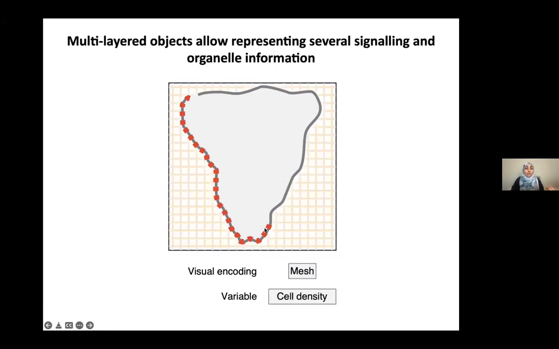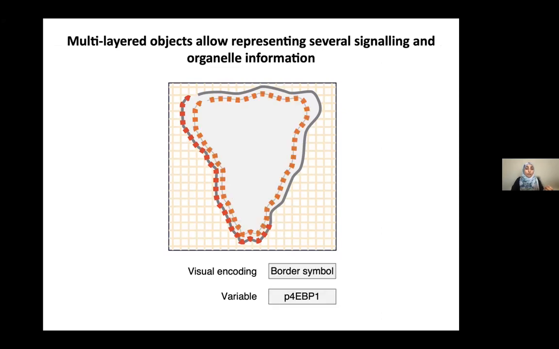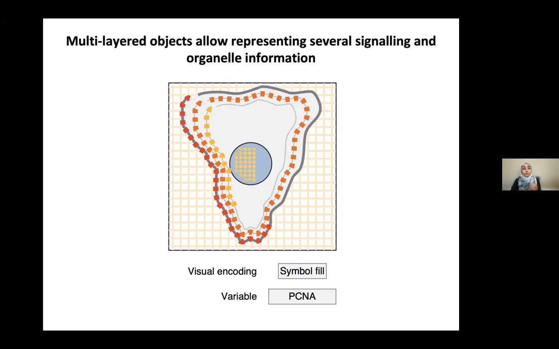To represent the context, I added a grid component, added another object to represent other signaling components at the periphery in the mTOR pathway, and then also represented the nuclear information like transcription factor level or the cellular proliferation based on a specific protein by filling the nucleus with symbols. Nuclear ball, which is also on the membrane of the nucleus, I represented as a simple filling on the border.